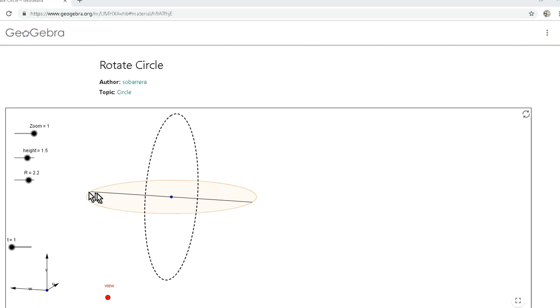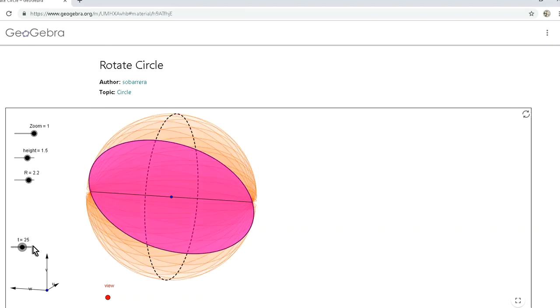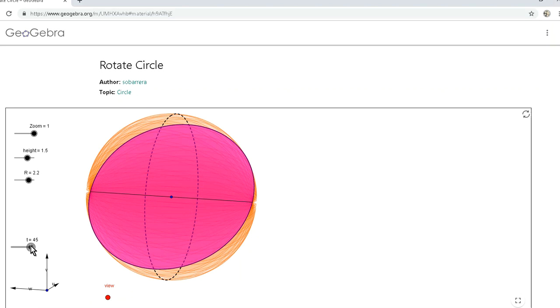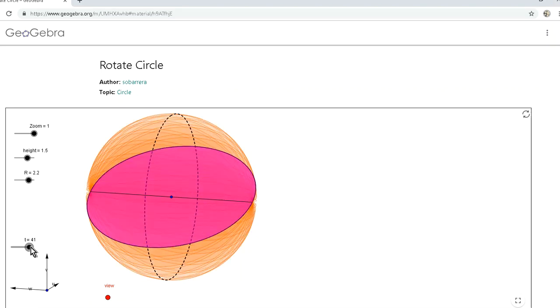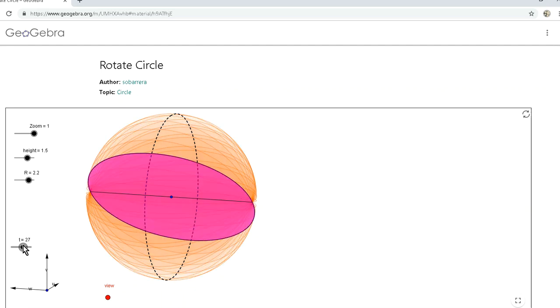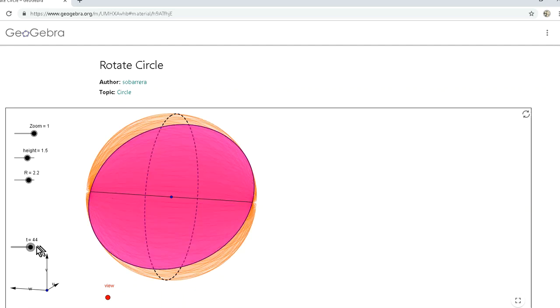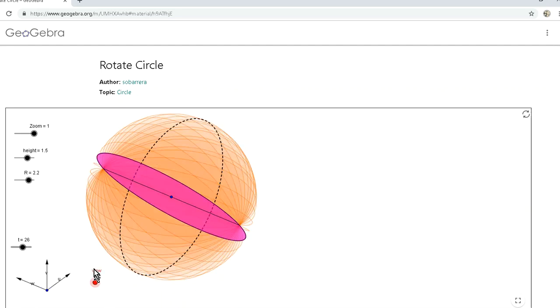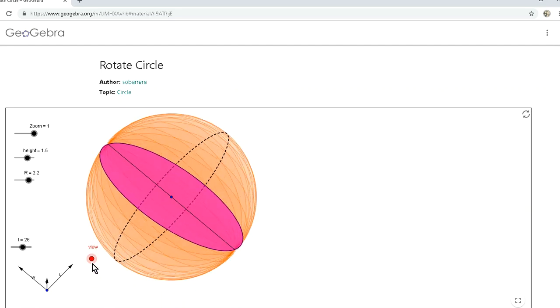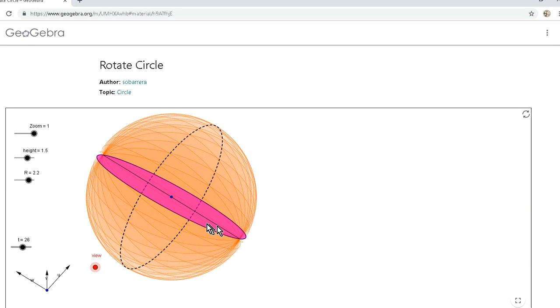If we rotate this circle about its diameter, check this out. Rotating about its diameter, bam, ladies and gentlemen, we have a sphere. Okay, so when we rotate a circle about its diameter, what you will get is a sphere. Alrighty, so that basically shows us how to generate the three options that we have, and the correct answer is going to be a cylinder.